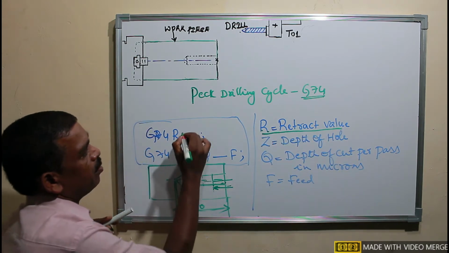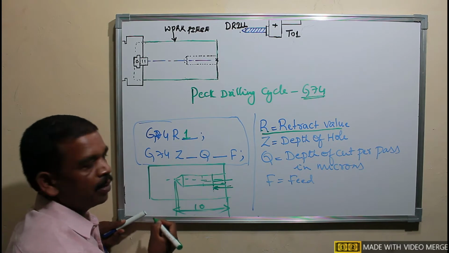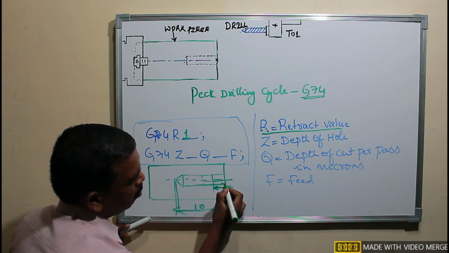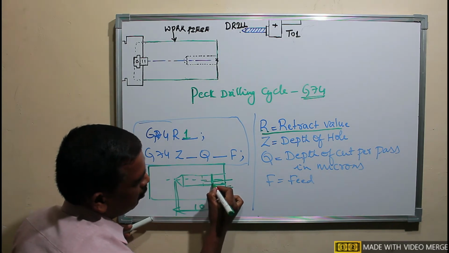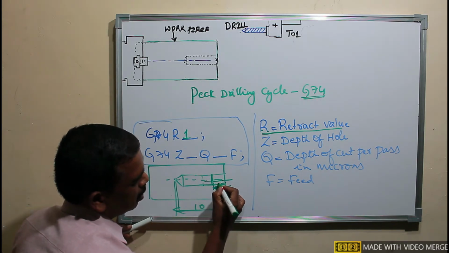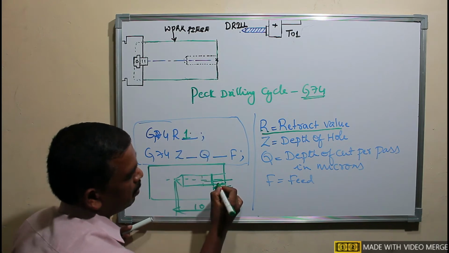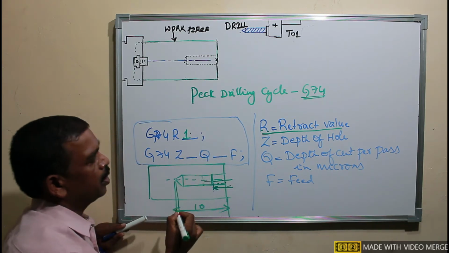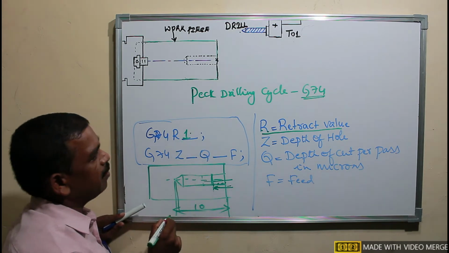See, if I mention 1 mm here, what will the CNC do? It will move up to a certain value and it will come back from that surface by this 1 mm. Again it will move and come back 1 mm. That is the meaning of retract.